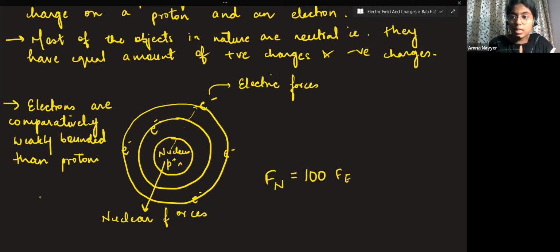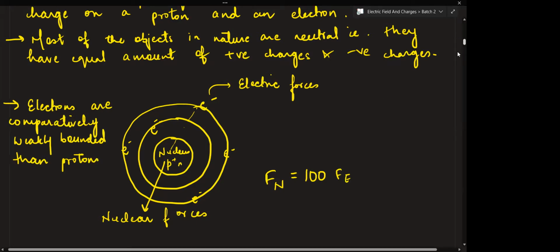If a body is neutral, the net charge is 0. If the neutral body is now negatively charged, more electrons have been added. If it is now positively charged, electrons have been removed. Is this concept clear? What is the immobile charge here and which is the mobile charge that gets transferred? Any doubts still? No doubts, ma'am. All right.